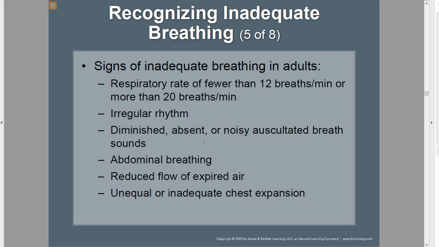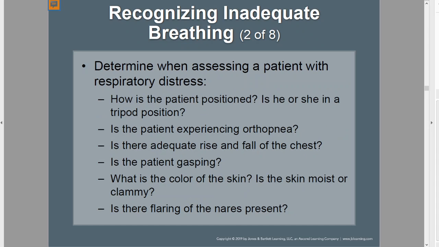All right. Do they have diminished or absent lung sounds when you're listening to them? Are they breathing more from their abdomen area? Unequal or inadequate chest expansion is the big one. So we're going to look at position. We're going to look at, are they experiencing orthopnea, right?